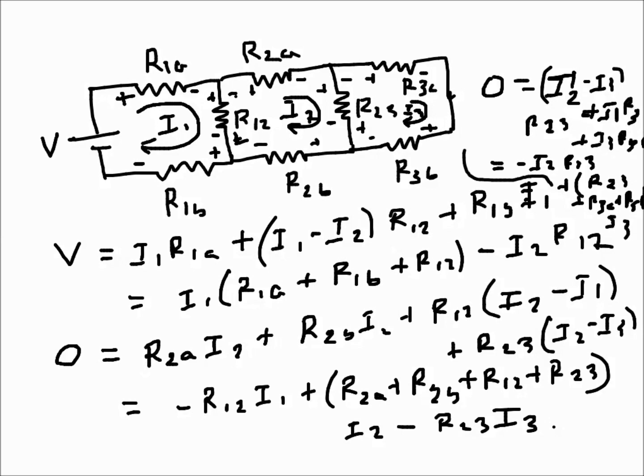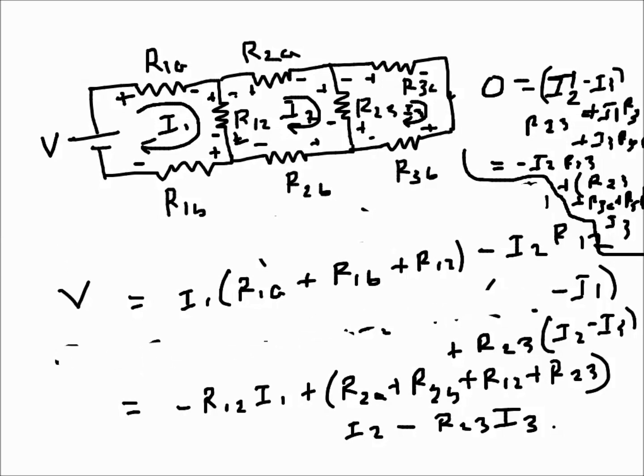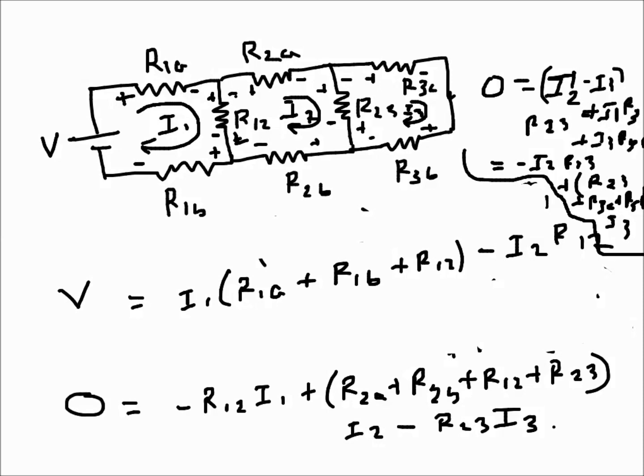So basically if I rewrite them, what I can do is I will erase parts of it. If I erase this part, this is my V here, and then if I erase this one, this one is 0 here, and then finally this one, which is the third one.